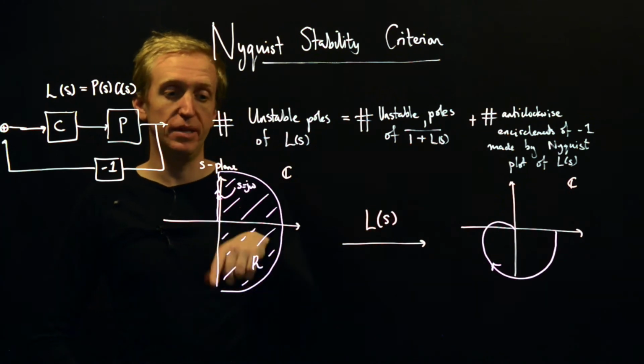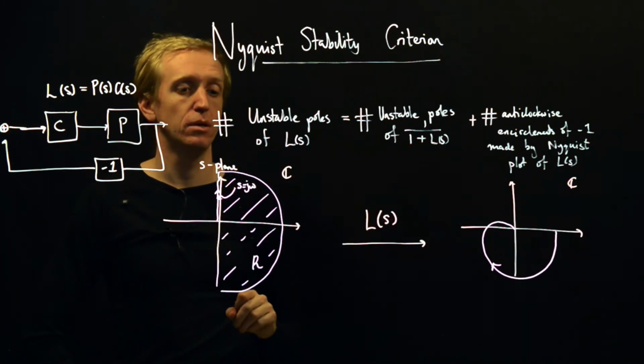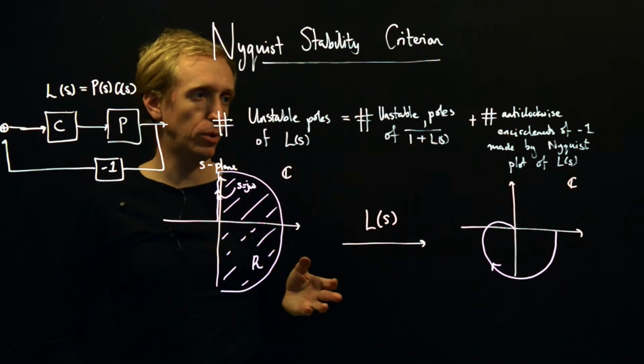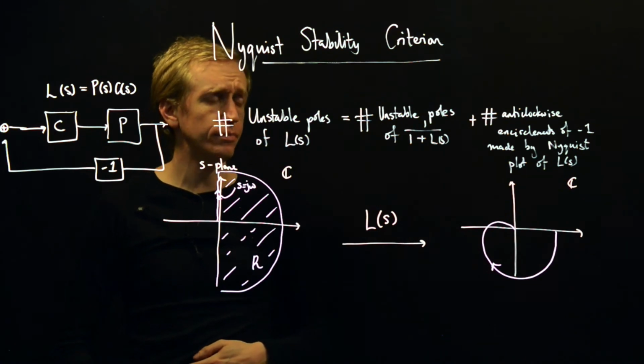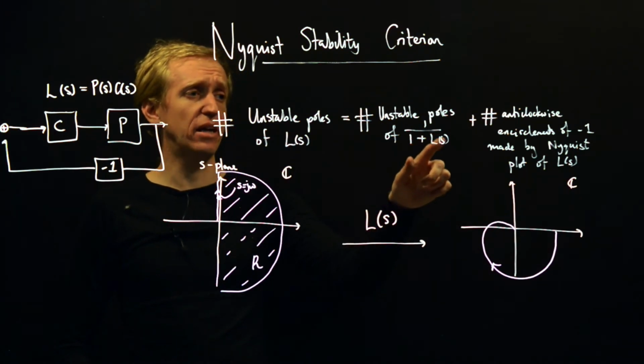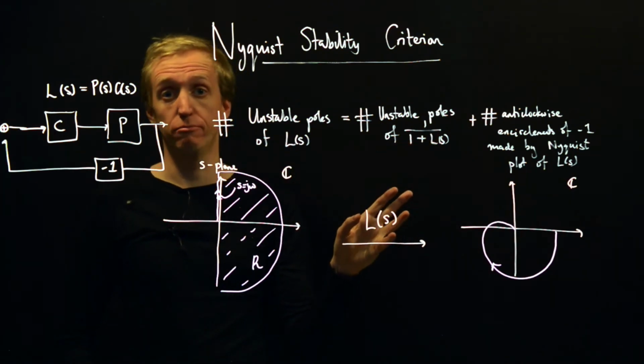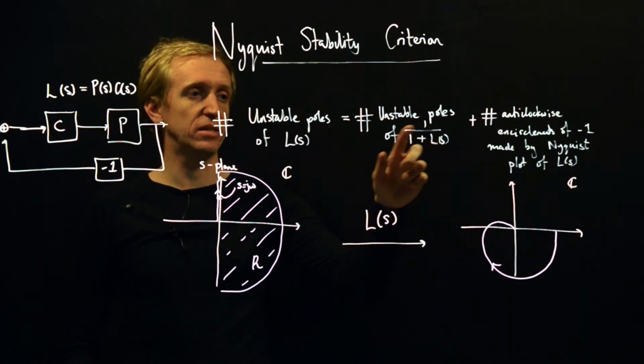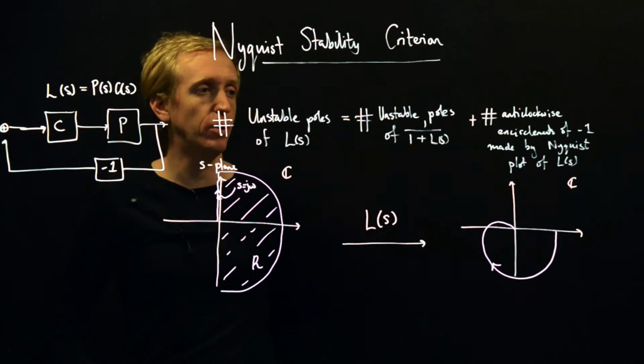And so this argument about stability based on a region of finite size, no problems. What's another case? If L of S tends to 0 for large values of S, then we see that 1 plus L of S, there can be no poles there.